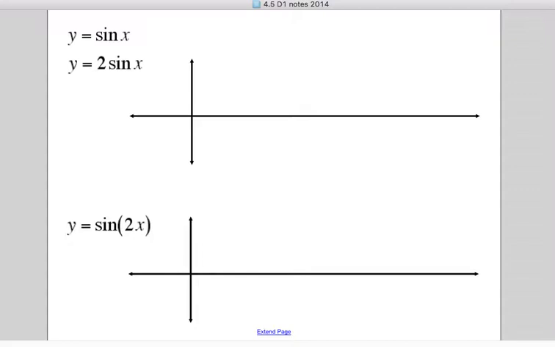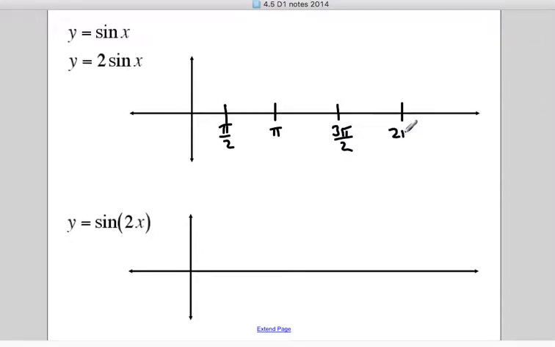Okay, let's look at sine real quick here. So again, if I'm going to graph just plain sine, it goes pi over 2, pi, 3 pi over 2, and 2 pi. Regular sine has an amplitude of 1. Sine has a beginning, a middle, and an end at 0.